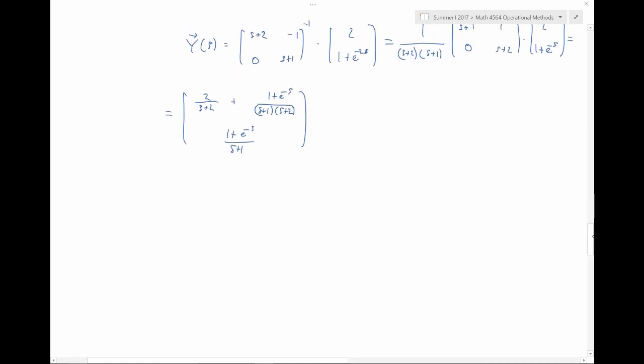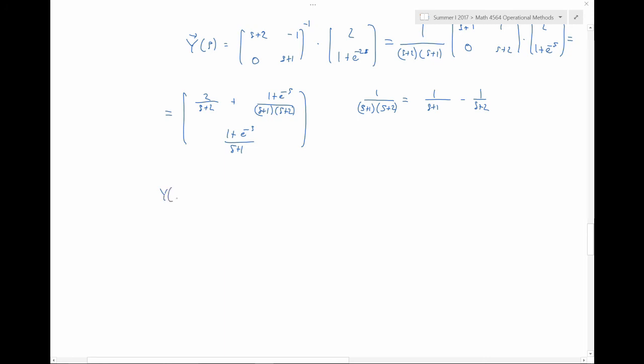The first component has almost all of its terms in partial fraction decomposition. For the second term, we need a partial fraction decomposition of 1 over s plus 1 times s plus 2. But we already know the partial fraction decomposition for it, because it's the same fraction as in the previous example. This is 1 over s plus 1 minus 1 over s plus 2.